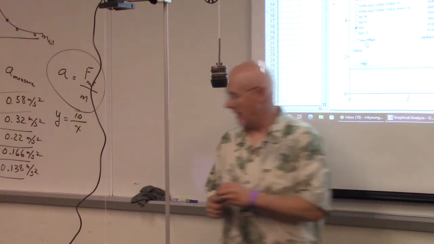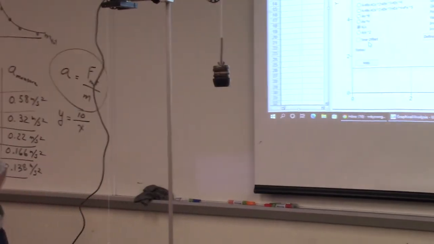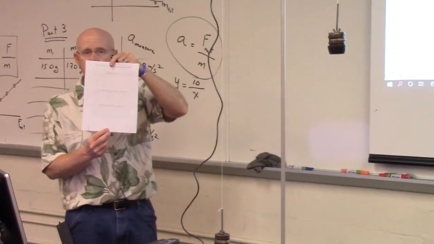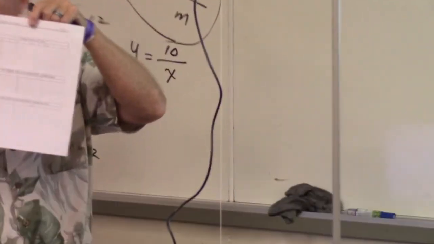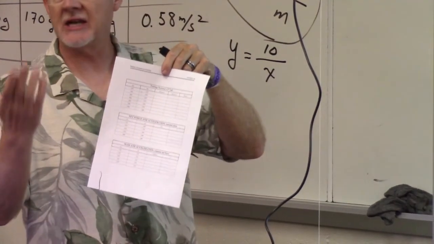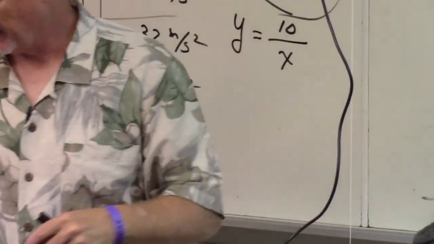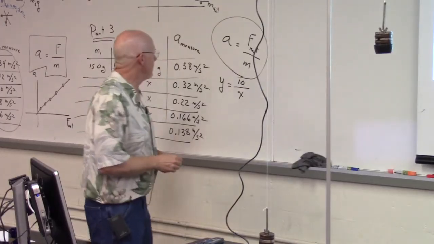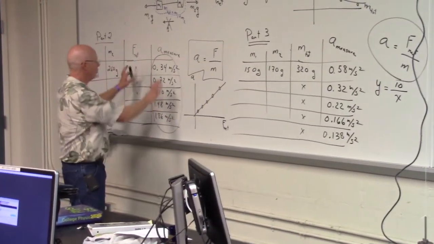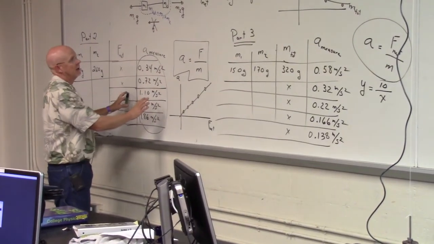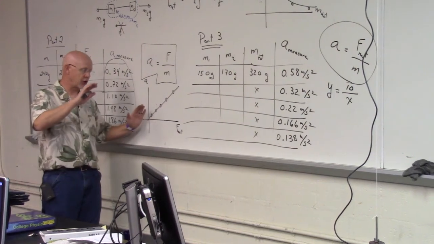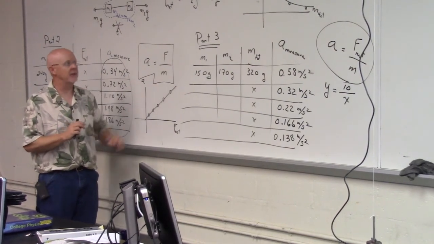So I'll say it one more time. You should be turning in 3 sheets of paper. The first sheet should be this data one that we went through. You did a bunch of calculations. I measured 17 different accelerations. Then, using the data from part 2, you should have made a plot of acceleration versus force, and you should curve fit it to a linear, so that'll be your second page.